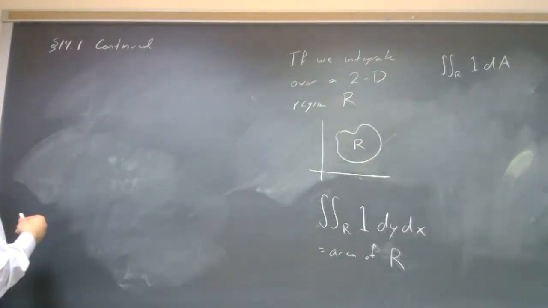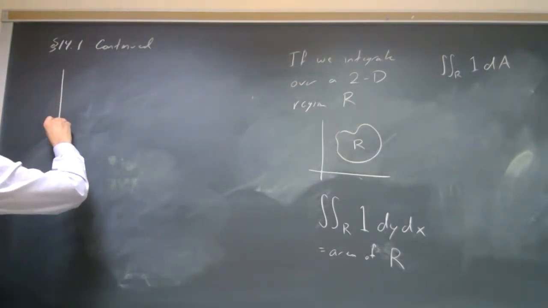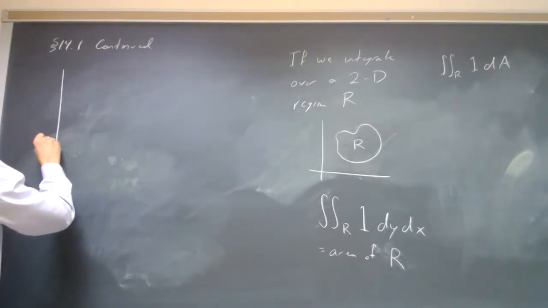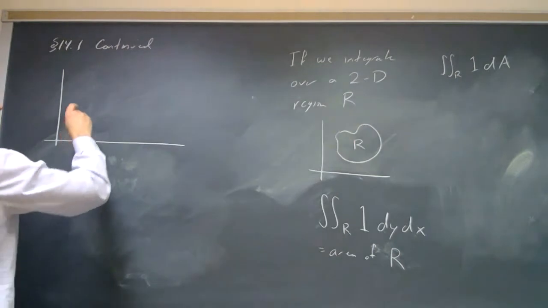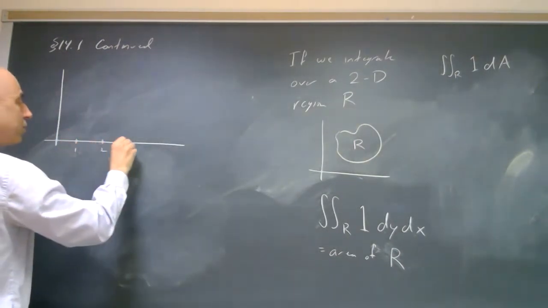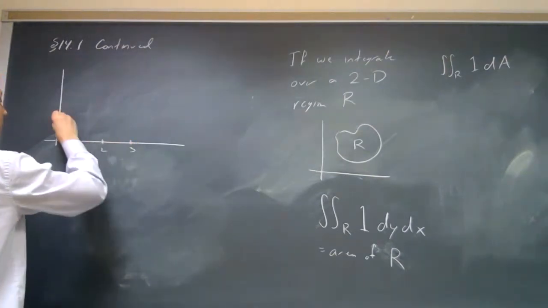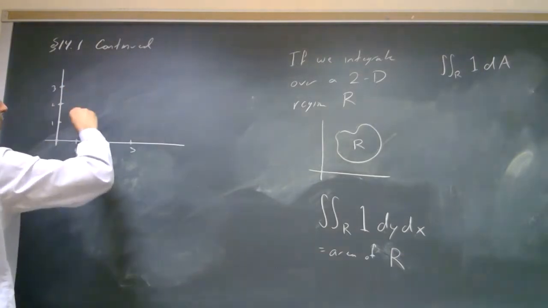So let's say we have a region which looks like this. So here's my region. Let's say here's 1, 2, 3, 1, 2, 3.